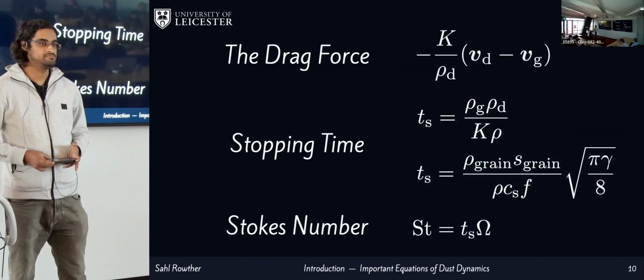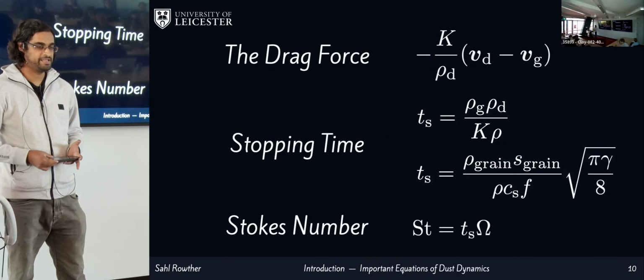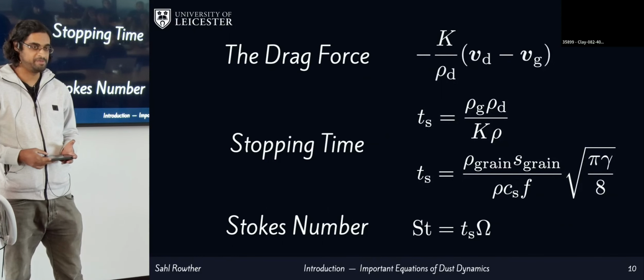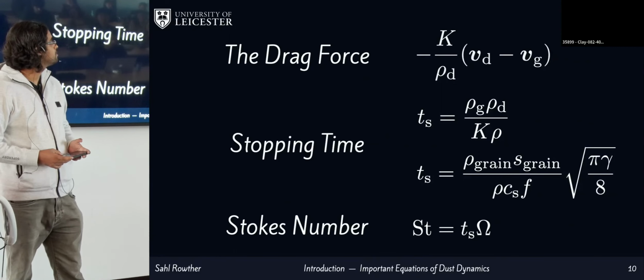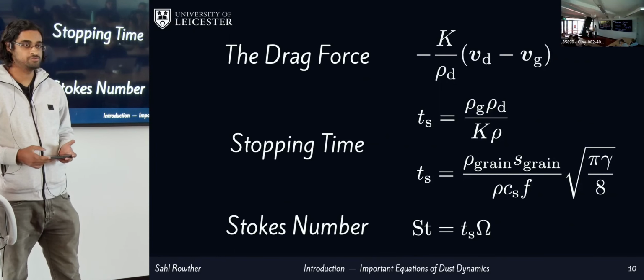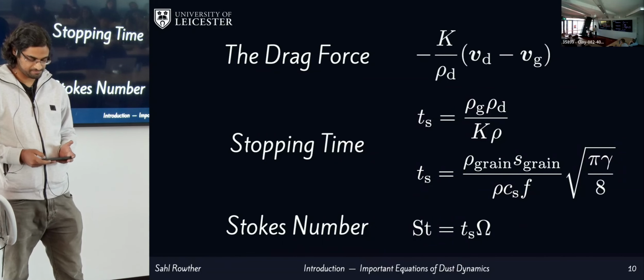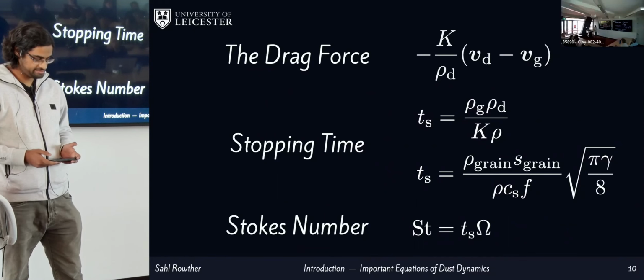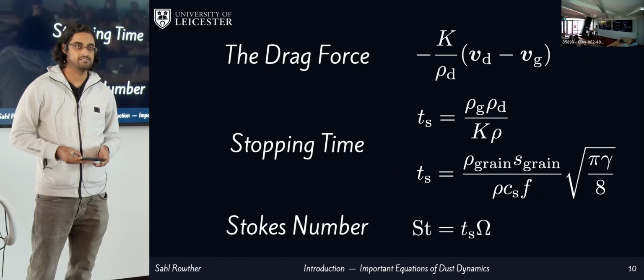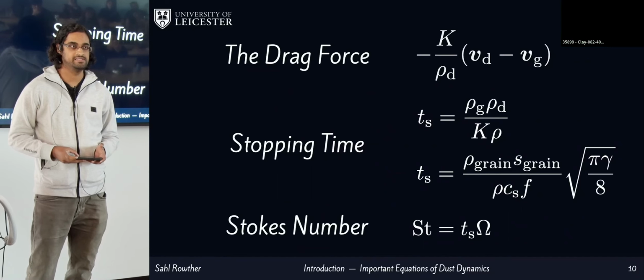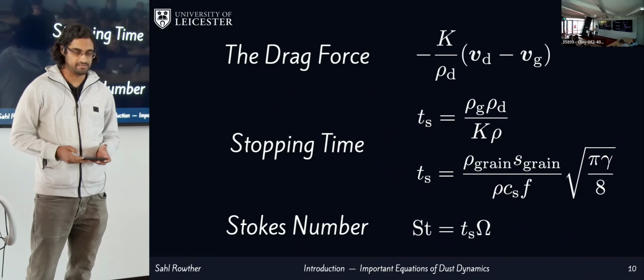As this talk is about dust in a gravitationally unstable disk, I'll mention some important terms for the dust dynamics. The first one is the drag force, which acts to remove any velocity difference between the dust and the gas. The second is the stopping time, which tells us how fast the drag affects the motion of the dust.